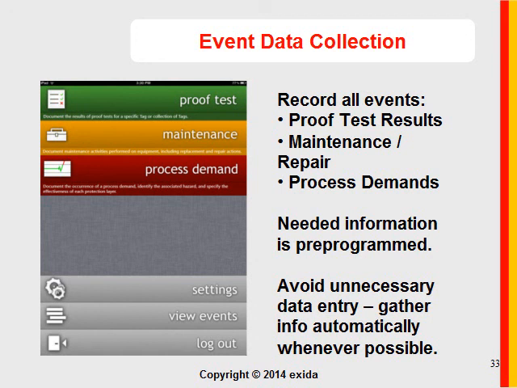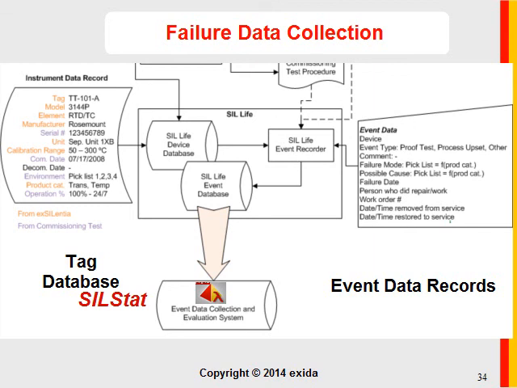So a lot of this can be automated, and your tests can be recorded in a proof test. Your maintenance activity steps can be recorded in a maintenance activity, and so on. And it's very straightforward to record these in a system.